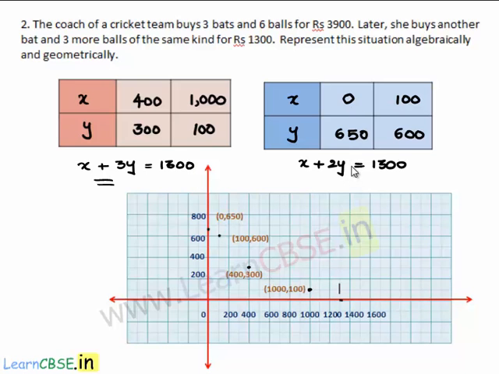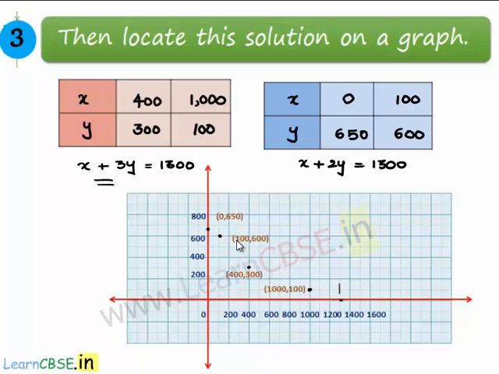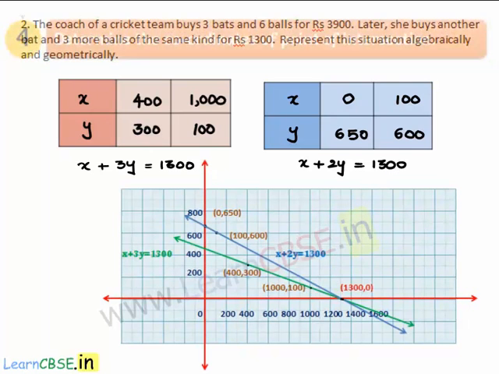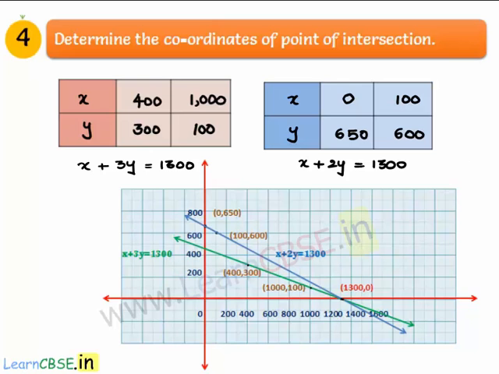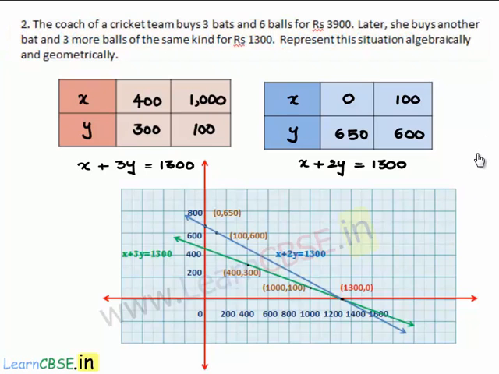Now 0, 650 is here and 100, 600 is here. Let us join these 2 points in order to obtain the straight line of the equation x plus 2y is equal to 1300. Now after joining the points, we get the straight line x plus 2y is equal to 1300 and x plus 3y is equal to 1300 here.